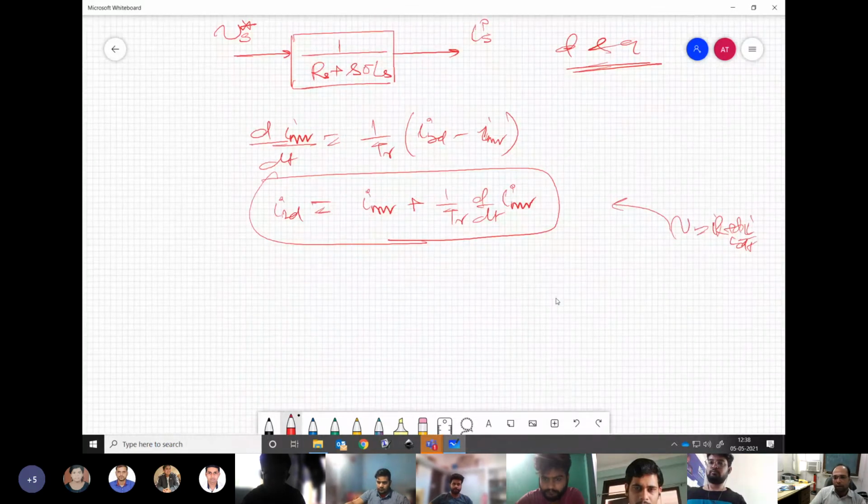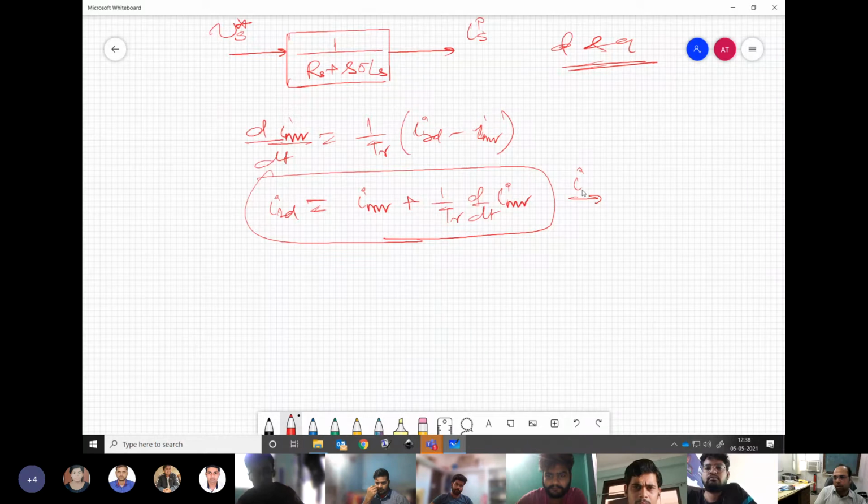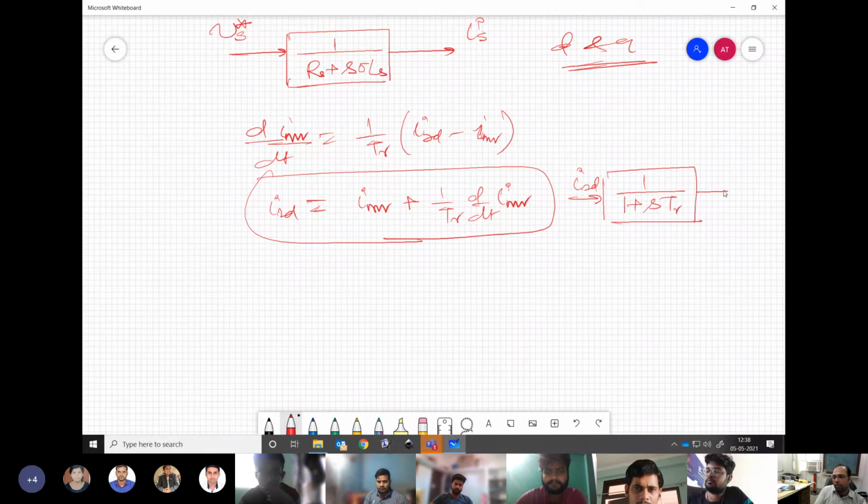So our plant for this will be very similar to our voltage plant. Yes, Samir? Sir, TR will be multiplied with d by dt of IMR. TR will be multiplied where? So this TR when we take on the left hand side. Sir, ISD equals IMR plus 1 by TR d by dt IMR you have written, this would be TR, no? So what is TR?